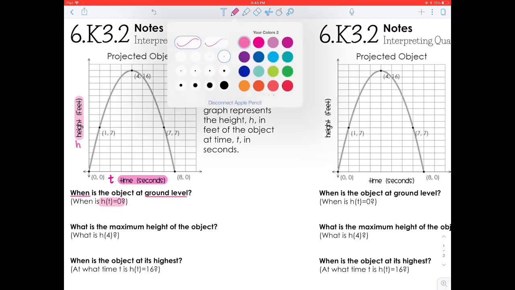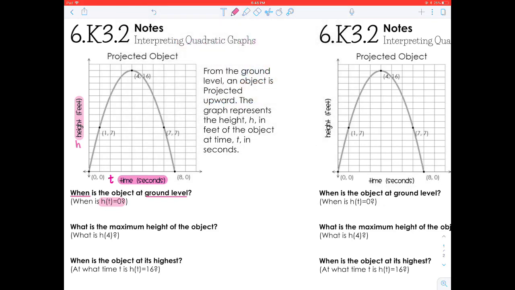So remember, when you're using function notation, that h of t, very similar to f of x, is just like y. So all of our y values here are h of t values. So we want to know, when is that height equal to 0? That's down here.